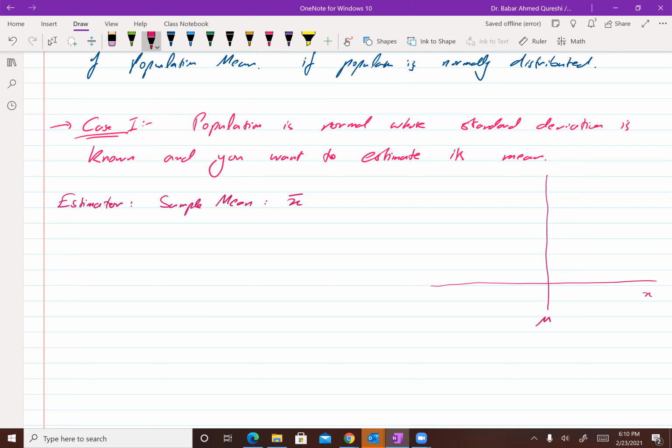You know that this sample mean will itself be distributed, according to the central limit theorem, around this population mean according to a normal distribution. And this would be the same as the mean value of X bar. If I plot X bar, it will itself be like a normal distribution.